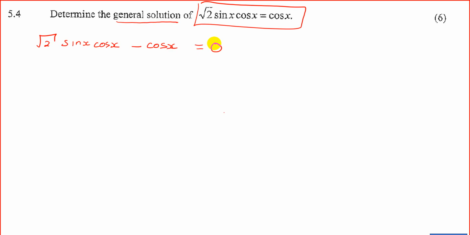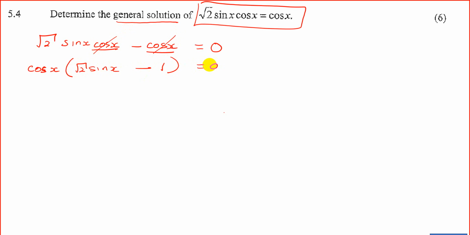The first thing we notice in the question is that we have a common factor, and you'll notice that cos x is common. So we're going to pull out cos x as a common factor. If we take out cos x from the first term, we end up with root 2 sine x minus, if we divide cos x by the common factor cos x, we're left with 1, and that is equal to 0.